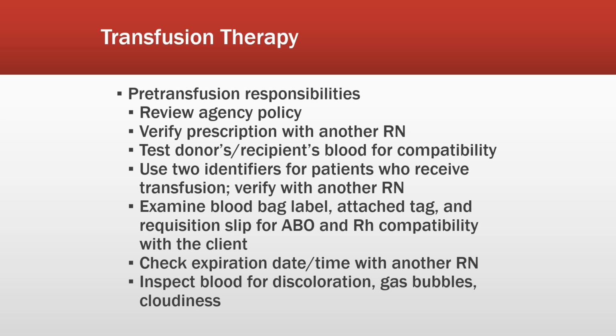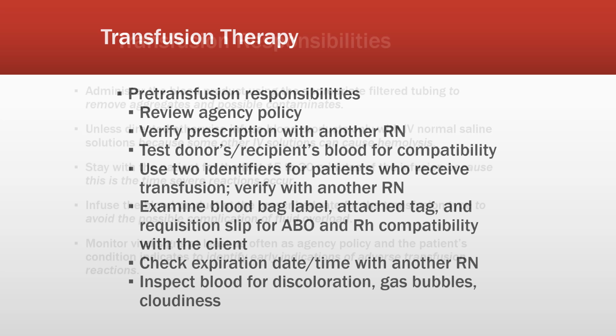So I think there's some leeway in what gauge is okay for you to start a blood transfusion. If the patient has a PICC, no problem. If the patient has a central line or a port, as long as you verify that it's in the right place by withdrawing and checking for blood return.